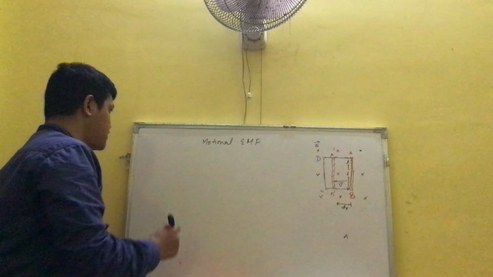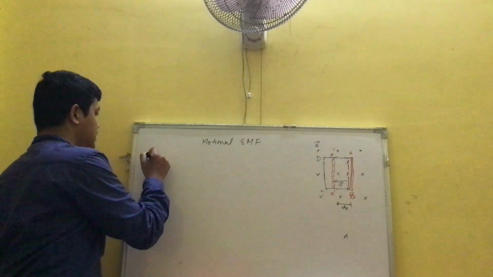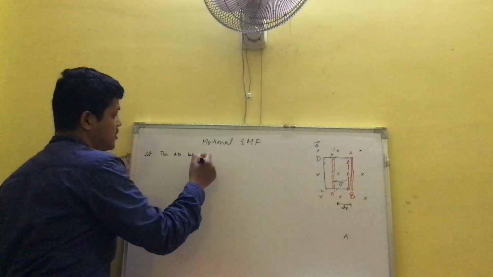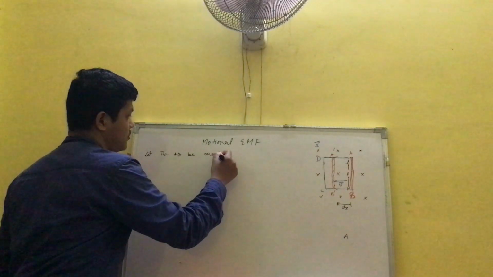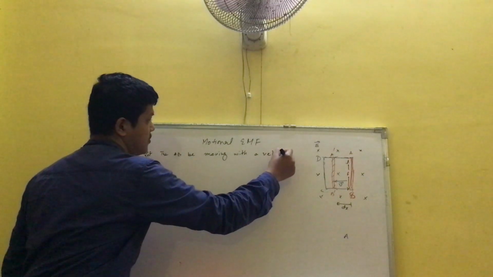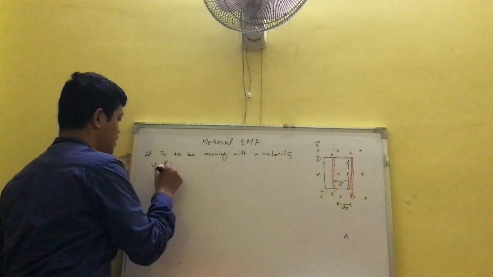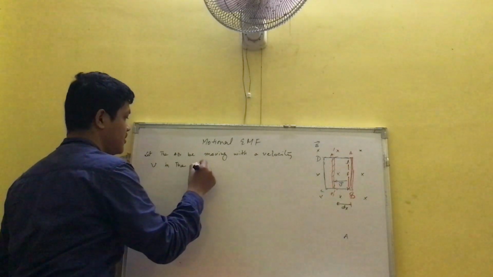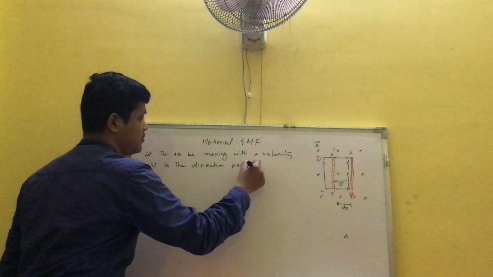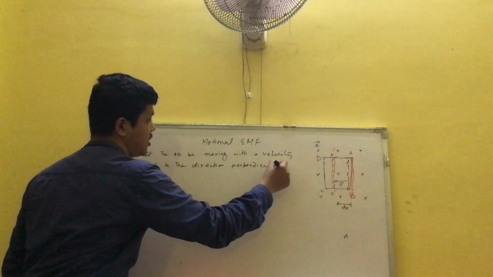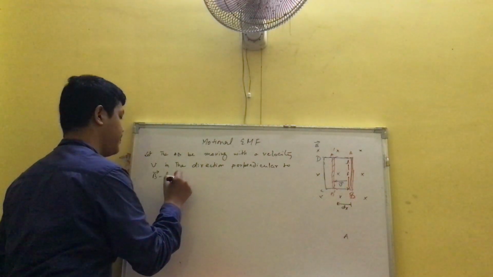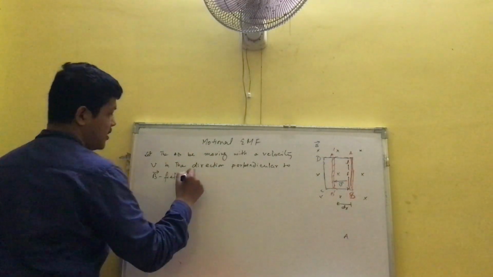So let the rod AB be moving with a velocity v in the direction perpendicular to magnetic field B, as shown in the figure.